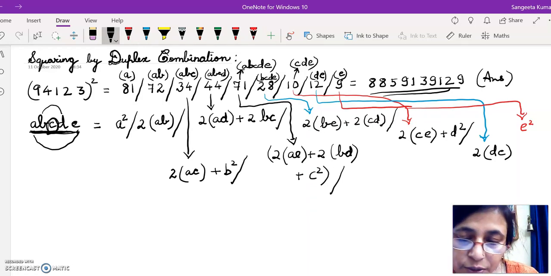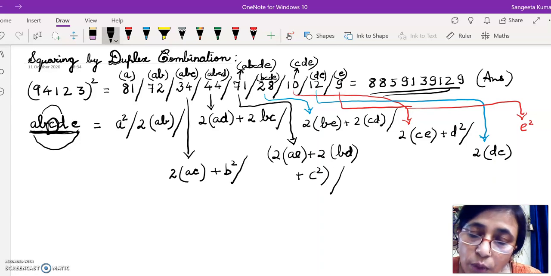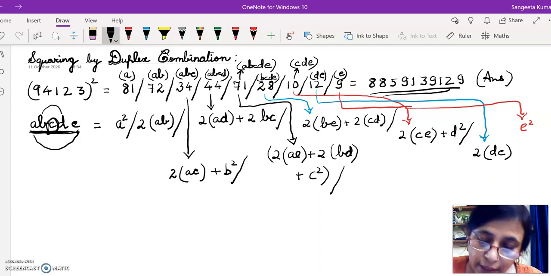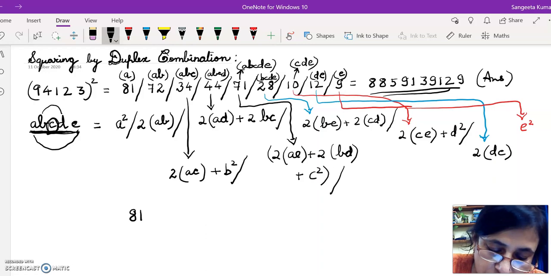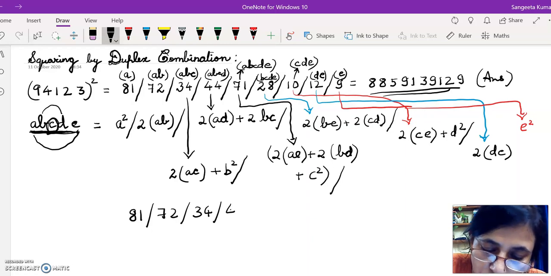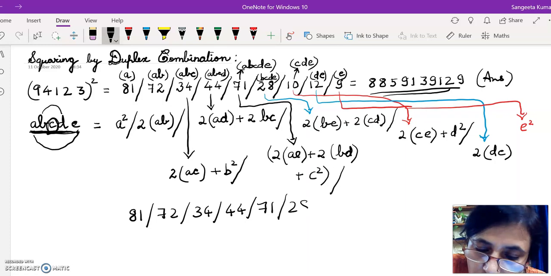I hope it is clear to all of you. Now, what do we do with the calculation? How do we get this? I'm going to write it again to make the things clear. We have 81 as our first part of our answer, 72 as the second part of our answer, 34 as the third, 44, 71, 28, 10, 12, 9.